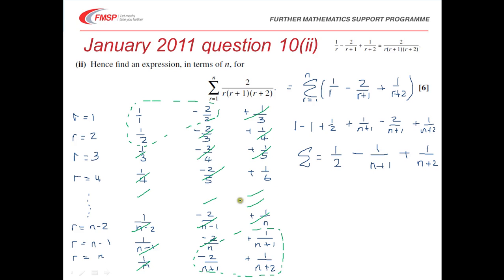There were 6 marks for that question. If we have a quick look at how those marks are awarded, you do get a method mark for showing that you're going to use this idea of differences. There's a method mark for at least 3 terms at the beginning. I think you almost need 4, but they give you a mark for having at least 3, and another mark if you get the first 3 correct.